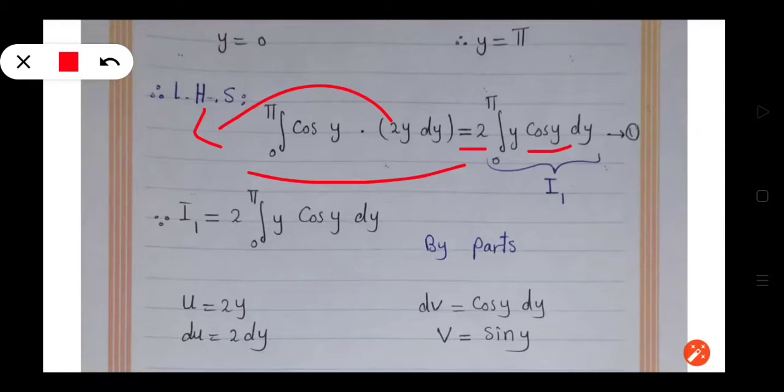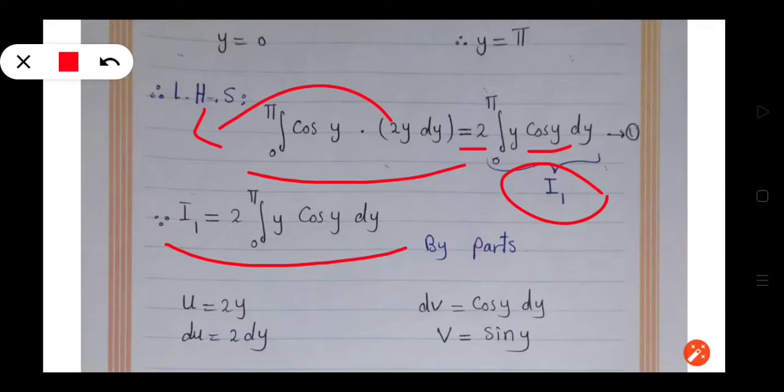y times cosine y, two different functions, so we use integration by parts to find I1. Now by parts, we have u and du, dv and v.